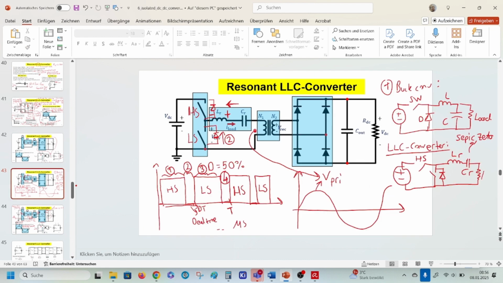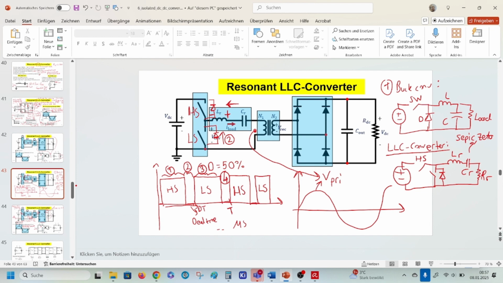And I just have a parallel cap connected to my load here, as in buck converter. It's just a series cap here.